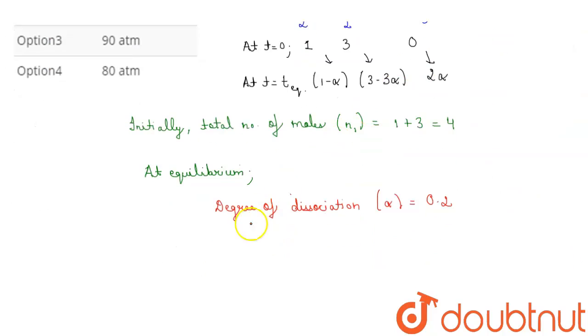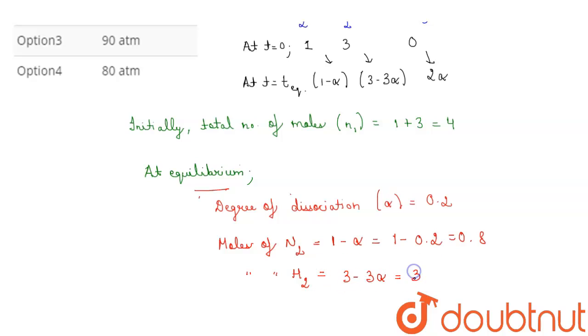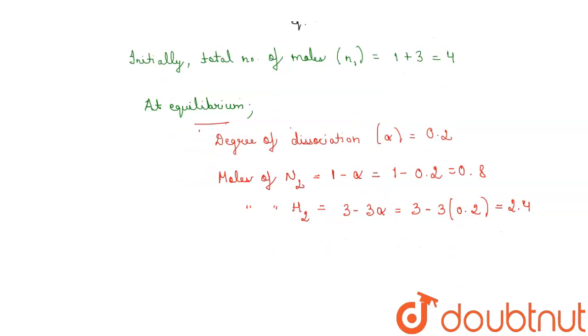So now moles of N2 at equilibrium will be 1 minus alpha, that is 1 minus 0.2, and it will give the value 0.8. Similarly, moles of H2 at equilibrium will be 3 minus 3 alpha, so it can be written as 3 minus 3 into 0.2 and it will give the value 2.4.